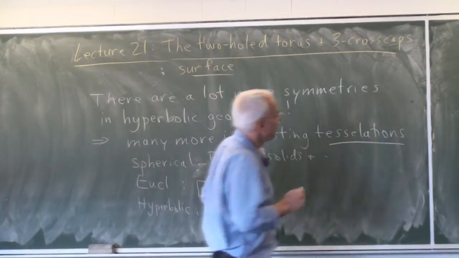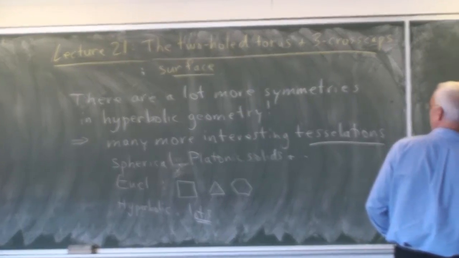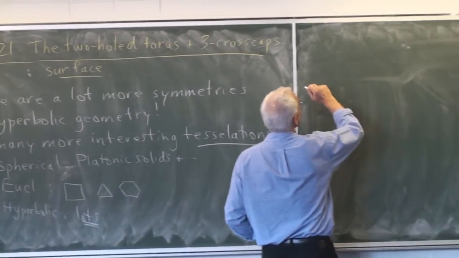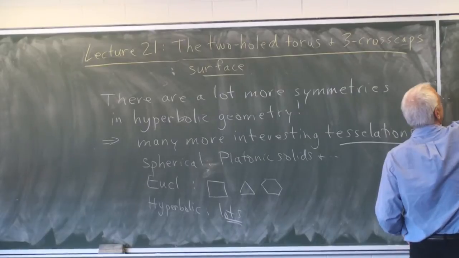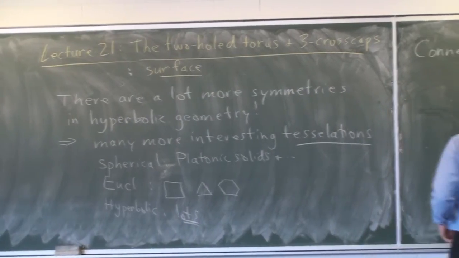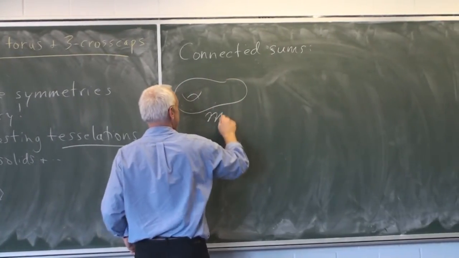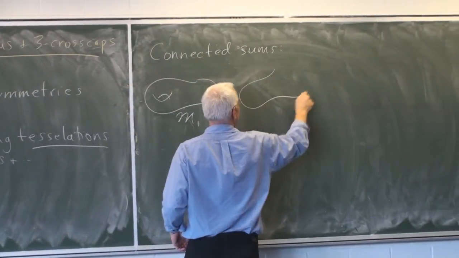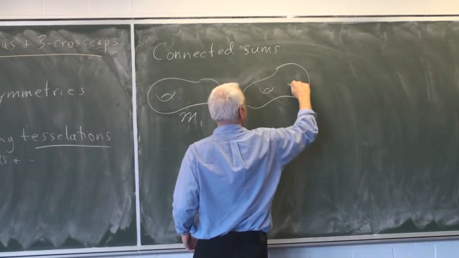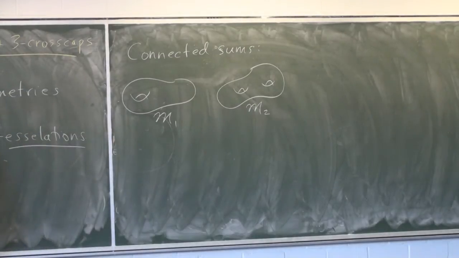So before we do that, let's just introduce a little bit of notation so we can talk about surfaces more efficiently. Let's talk about connected sums of surfaces. So suppose we have one surface M1 and another surface M2, and we want to combine these in some way to form a connected surface.